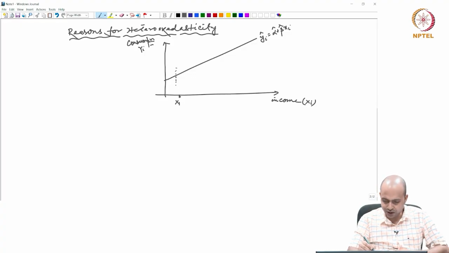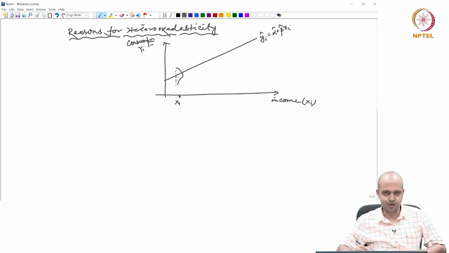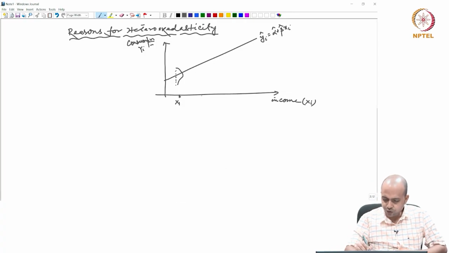So, this is basically the error and this is the spread of your error term. Okay. Similarly, when you go to the x2 level of income, where x2 is greater than x1, then you see that the error variance looks like this.